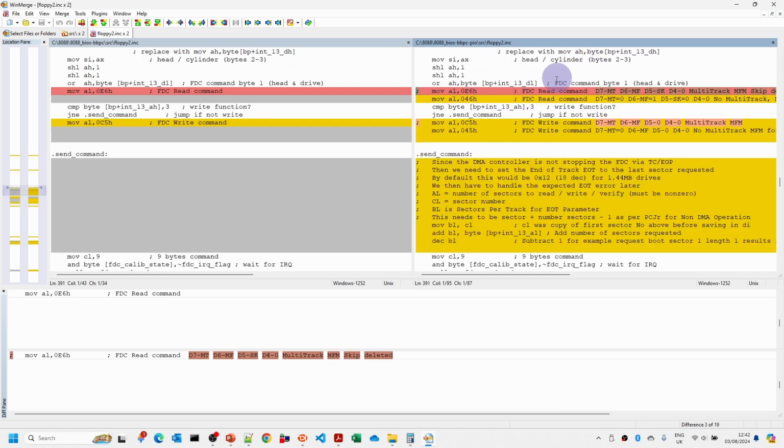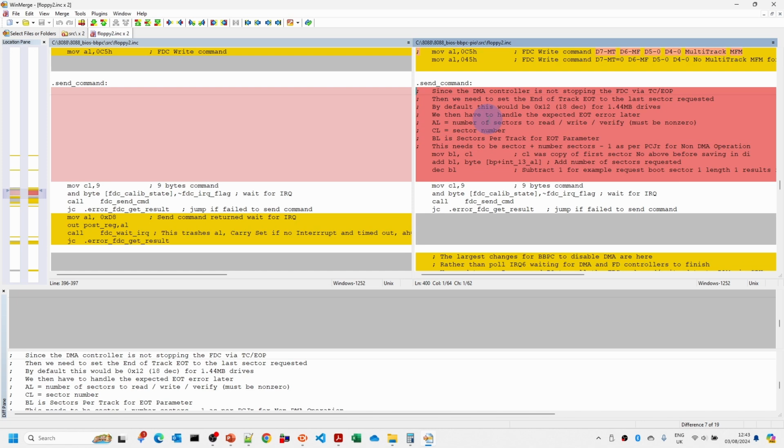Then the read commands and the write commands which are sent to the floppy disk controller, the PC Junior uses 46 rather than E6 and 45 rather than C5, and this is because some of these other parameters here were zeroed for the PC Junior, so that is now being done. And this is where we're handling the end of track terminal count replacement.